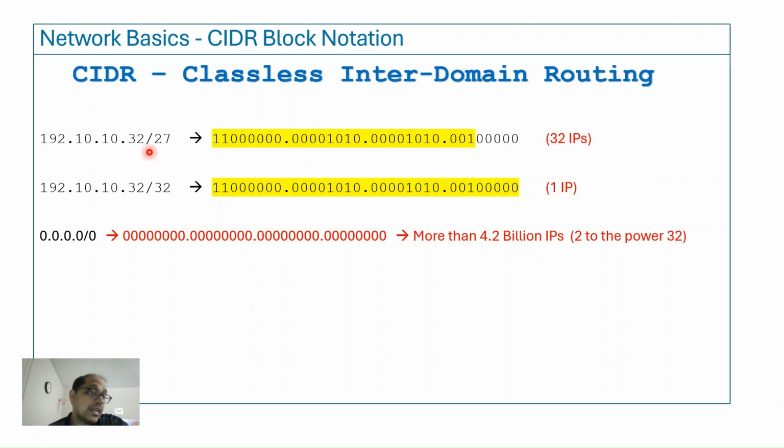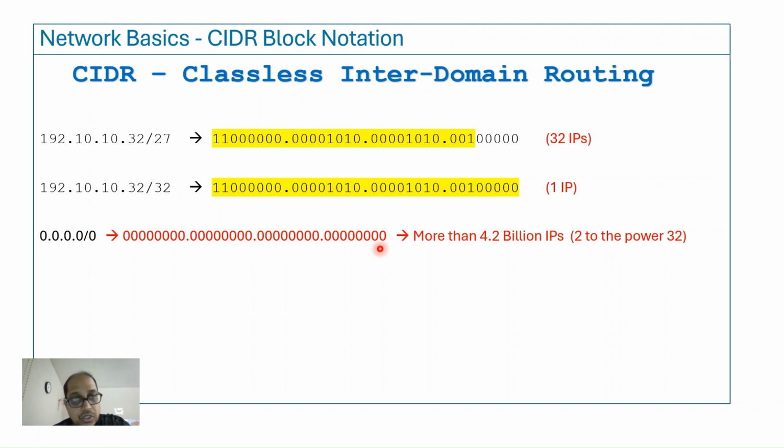If you continue, I have /32. That means all the bits are marked for prefix, and I don't have anything for range. So /32 gives me just one IP for my range. On the other end, if I do 0.0.0.0/0, that means no bits are marked for prefix.